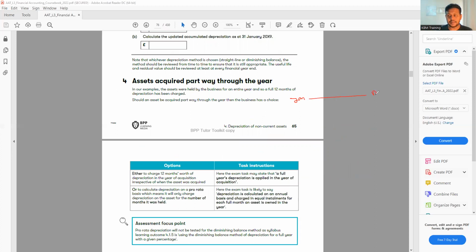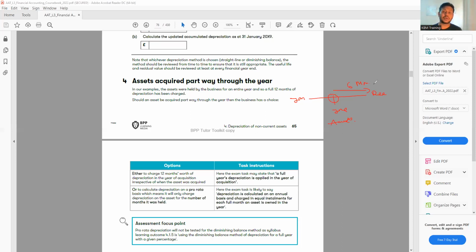Now, if I acquire a machine in June, that means from here to the year end, I only need to charge 6 months of depreciation. I cannot charge the depreciation for the whole year because I didn't use the machine for the whole year. So it's very important when you bought the machine and how long you used it up to the year end. For that reason, we have to calculate this very carefully, and we have to know how many months we have used.